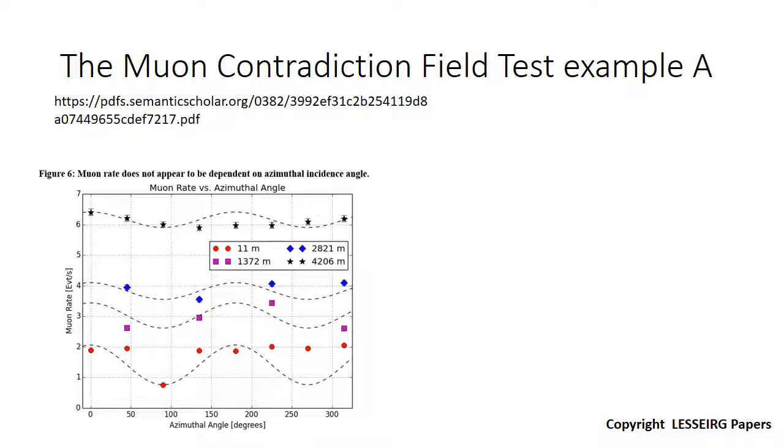Now, having said that, the rule of thumb is about 160 to 170 counts per square meter. So with this, you could say 2 is about 160, and then the 4,000 would be about 500 muons per square meter.